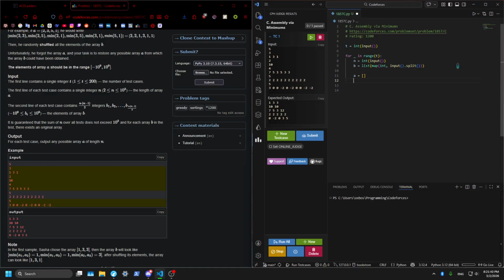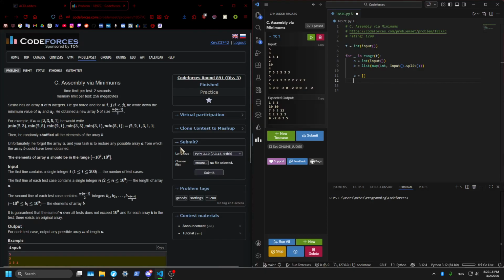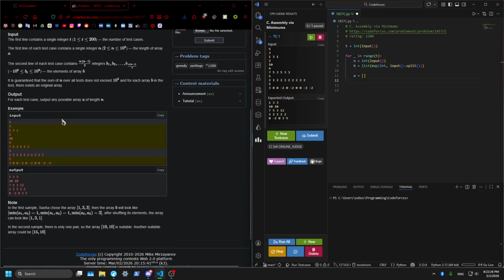So, 3 1 3 1 3 3. Oh, we can shuffle the elements too, right? So we always want to sort B, right?